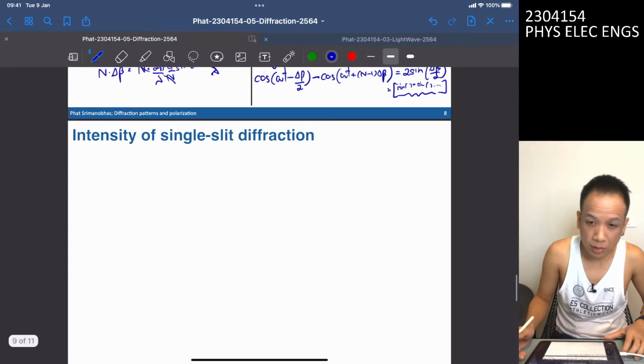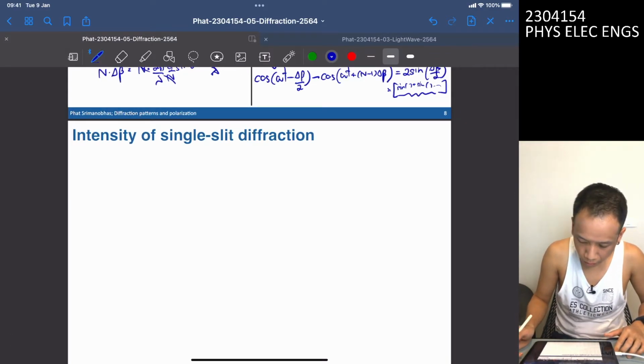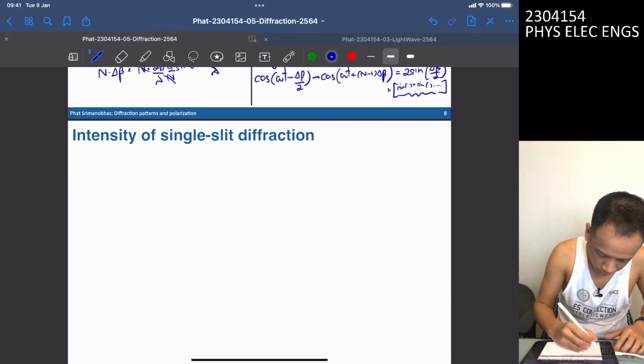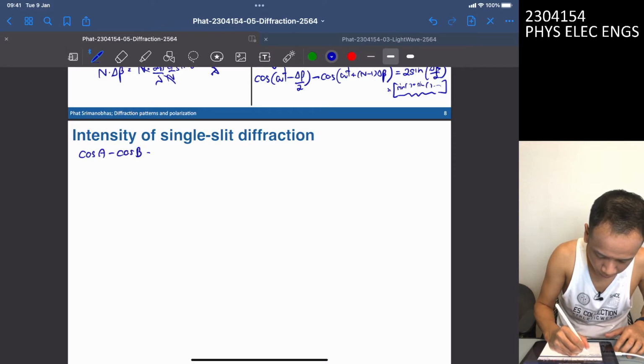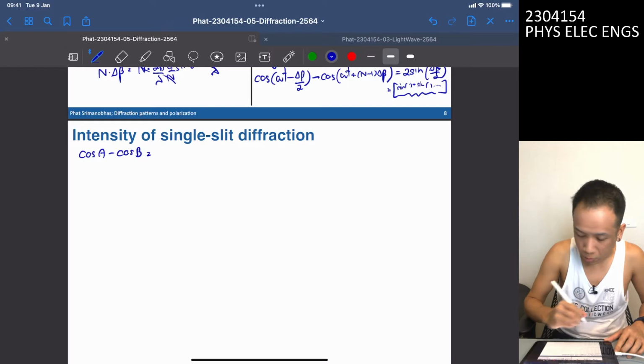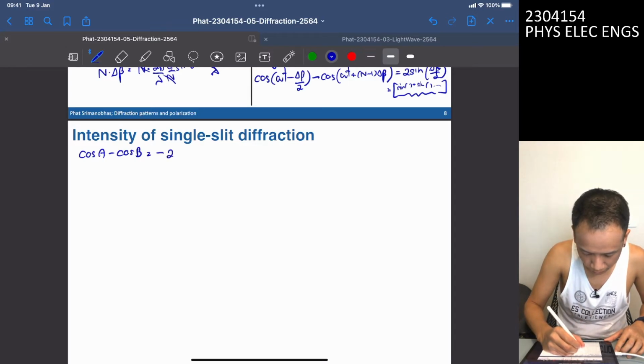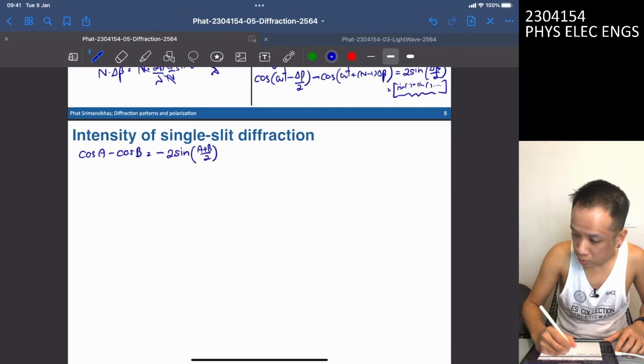For the left, you can use cosine A minus cosine B, which is minus 2 sine of (A plus B) over 2 times sine of (A minus B) over 2.